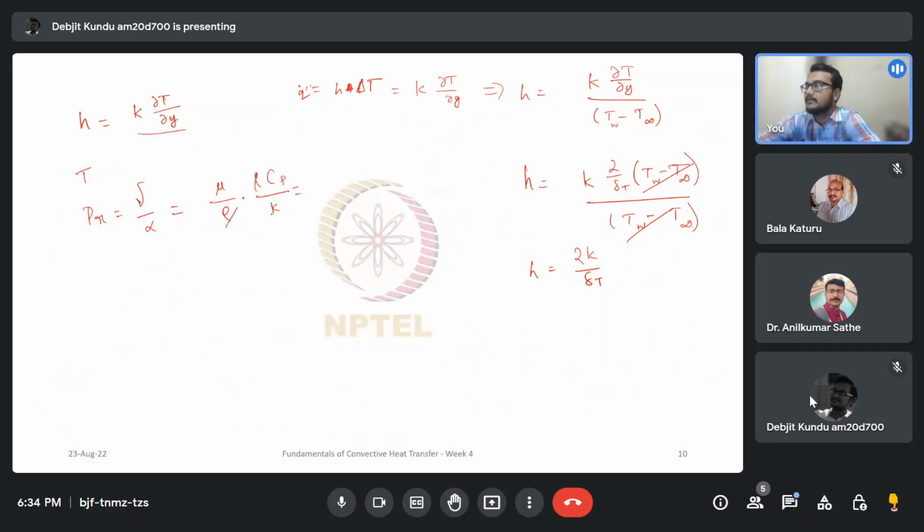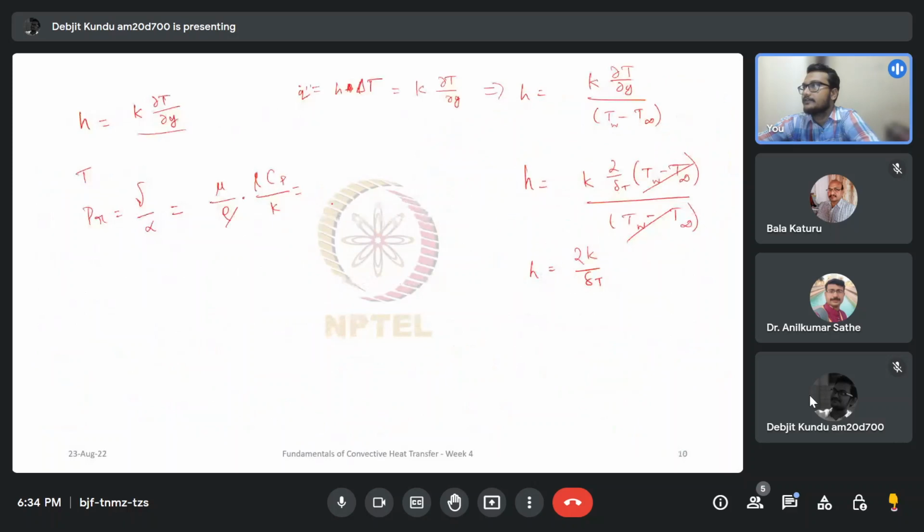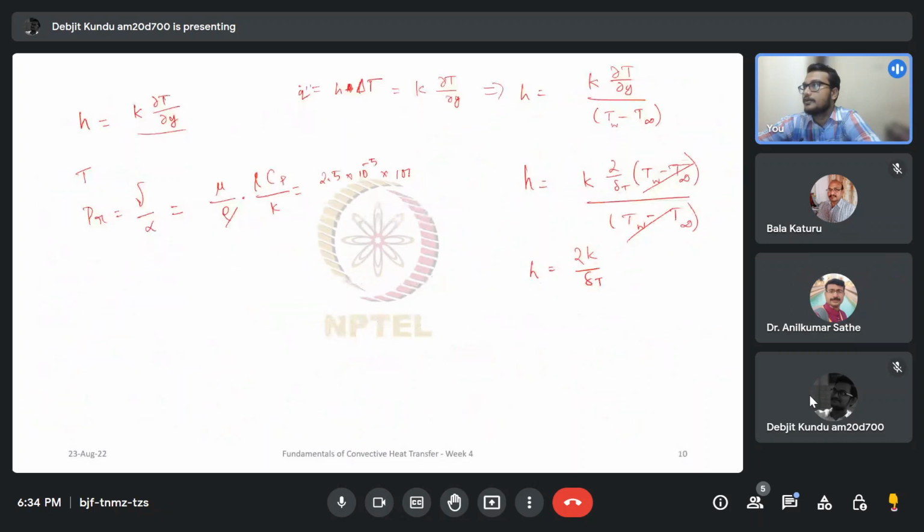What if we put in all these values? μ is 2.5 into 10 to the power minus 5. Cp is 1000, and k is 0.04. So this becomes 10 to the power minus 2, and 2.5 by 4 is 0.625. This is our Prandtl number.